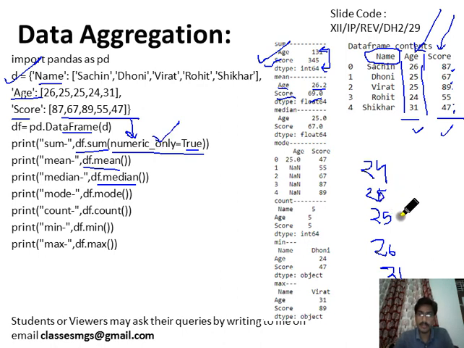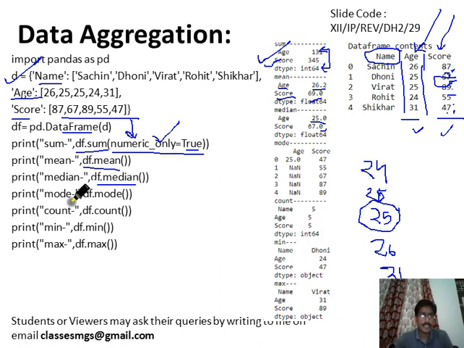So which is the middle value? 1, 2, 3, 4, 5. The middle value will be this, so the output will be 25 in that case. In a similar way, you can arrange the score into ascending order and find the middle value: 47, 55, 67, 87, 89. So 67 will become the middle value.